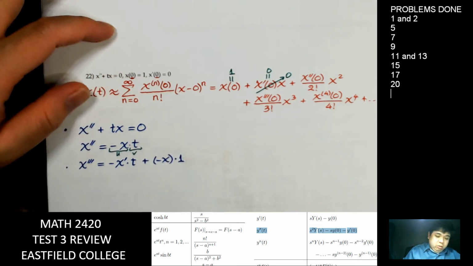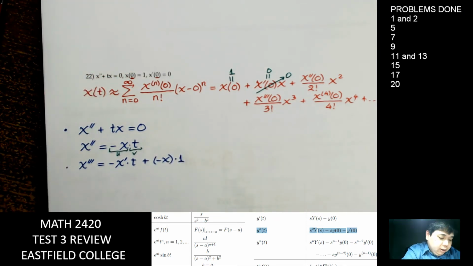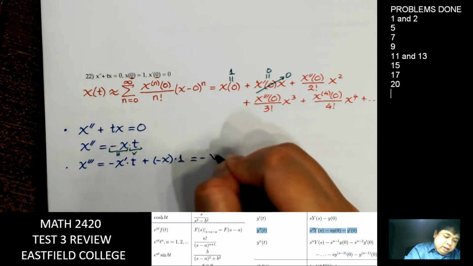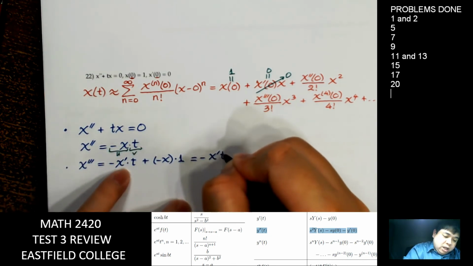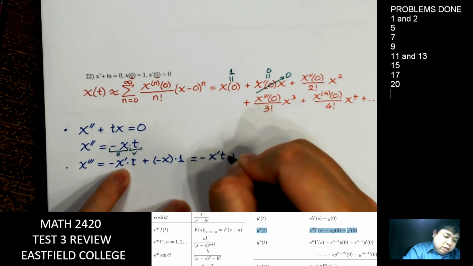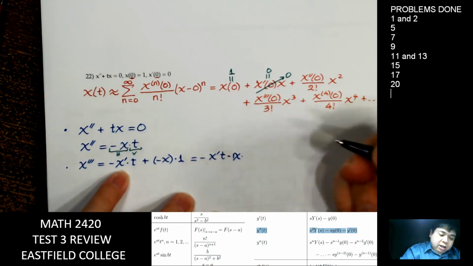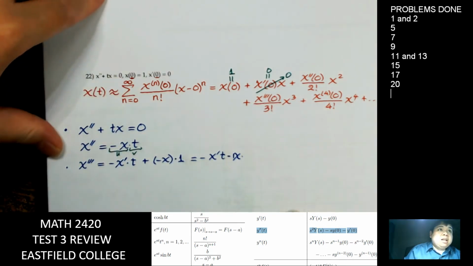Right? So negative derivative of the first with the second, with a minus, the first with the derivative of the second, so just x. So pretty much just that.